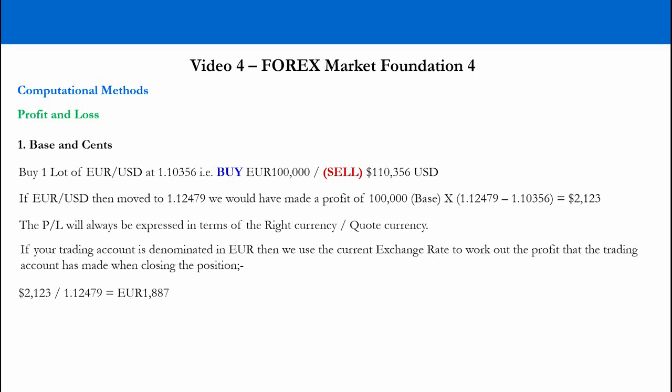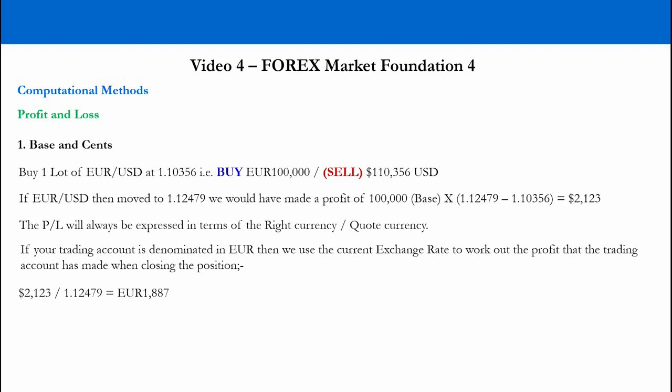Now, if the euro dollar exchange rate moves to 1.12479, we would have made a profit of 100,000, the base currency, times the difference between the price that we sell at and the price that we buy at. If you work that out, that comes out as $2,123. You can see that the profit is expressed in dollar terms, and this is always the case. The P&L and exposure, as we saw earlier, will always be expressed in terms of the right currency, the currency on the right-hand side, the quote currency.